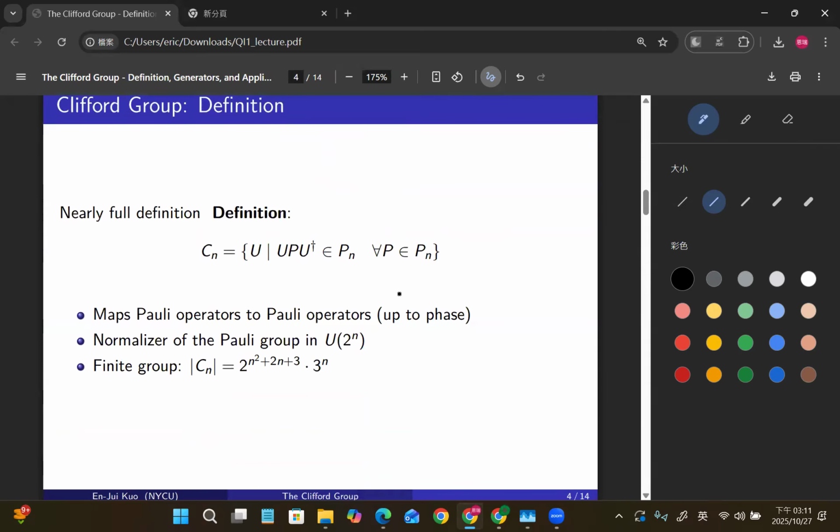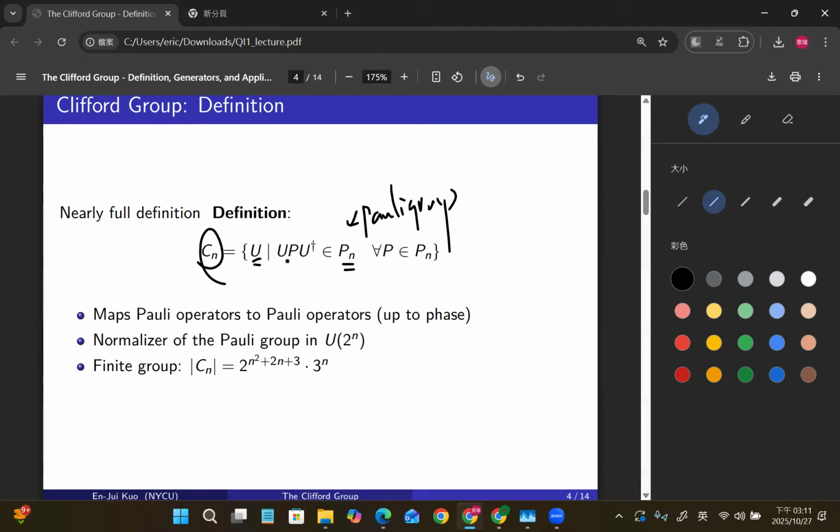Okay. So now if we have this Pauli group, one can define a group called the Clifford group, which is denoted as Cn, which is all the unitaries U such that U P U dagger belongs to Pn for all P in Pn. So this is the Pauli group. In mathematics, this is the unitary group which stabilizes the Pauli group.